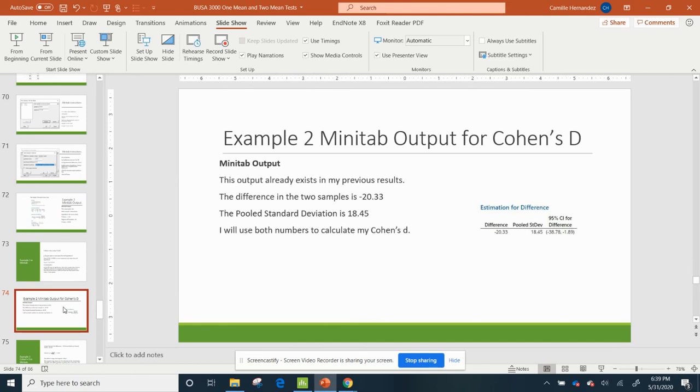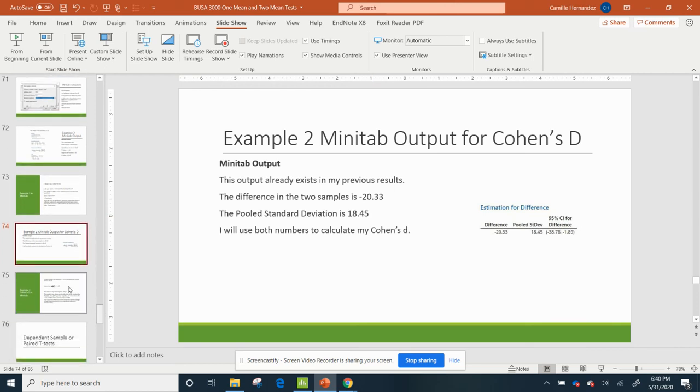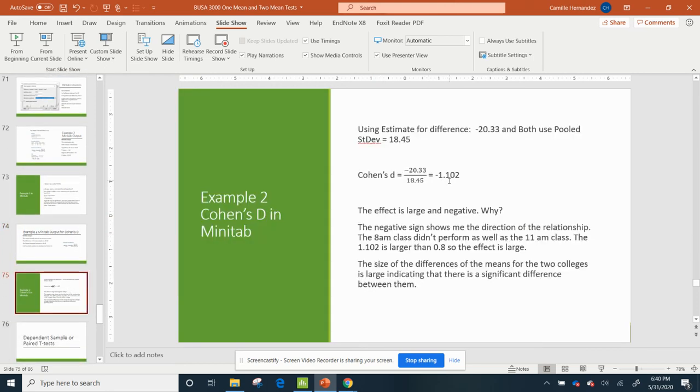All right, now I can do Cohen's d. So remember, I already had my estimate of the difference. So I had that negative 20.33 and then that 18.45 for the pooled standard deviation. So if I go ahead, plug it in, I get negative 1.102. All right, so this effect is large and negative. Remember, the negative sign shows me the direction of the relationship.